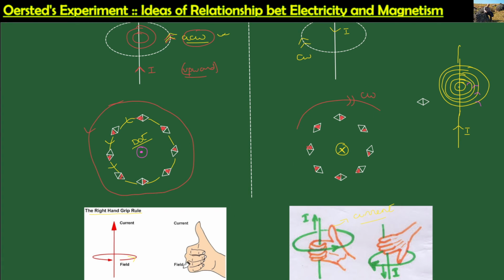If the current is moving perpendicular and into the page, it is represented by the cross, and the direction of the magnetic field will be clockwise.